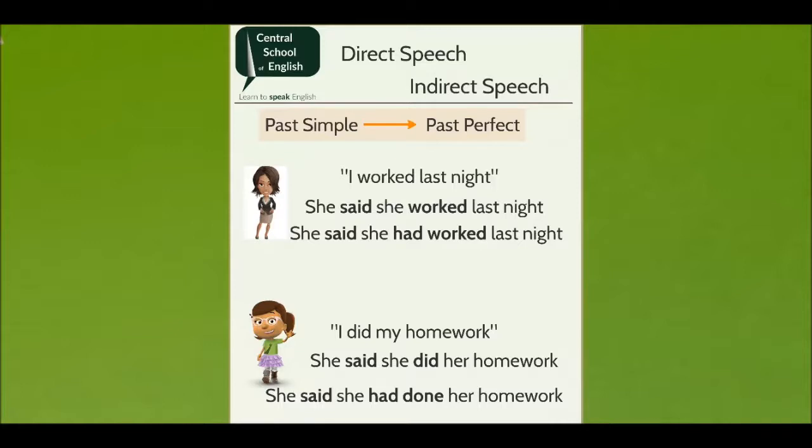For example, "I worked last night" can change to "she said she worked last night," or "she said she had worked last night." "I did my homework" can change into "she said she did her homework," or "she said she had done her homework."